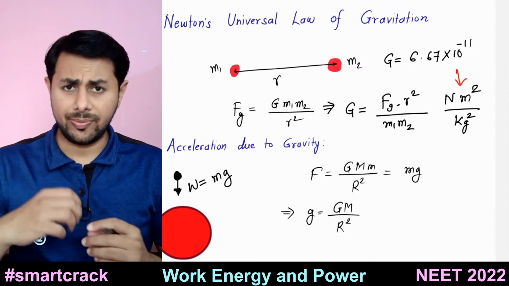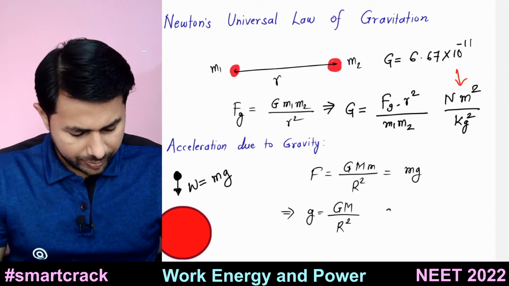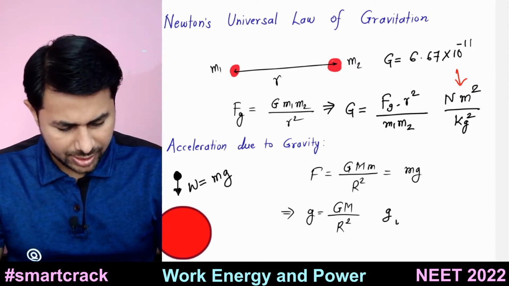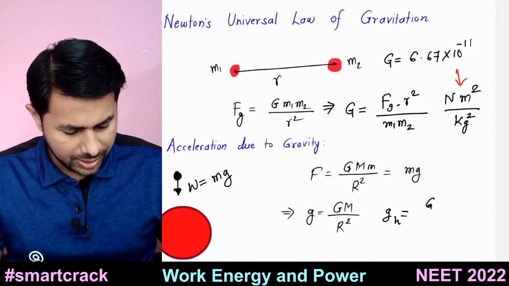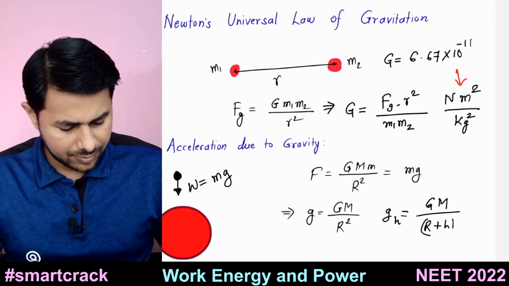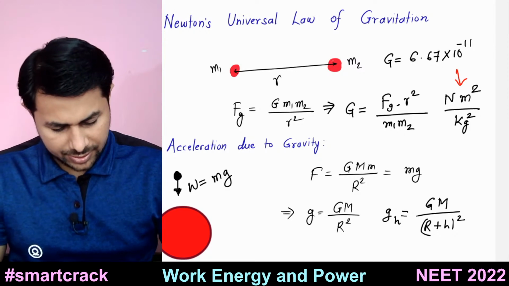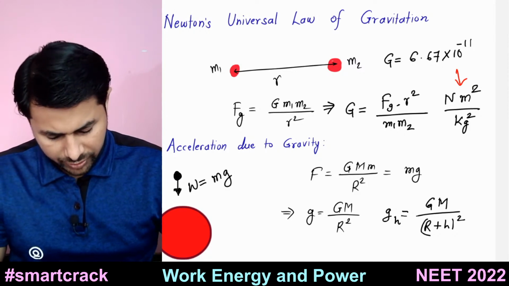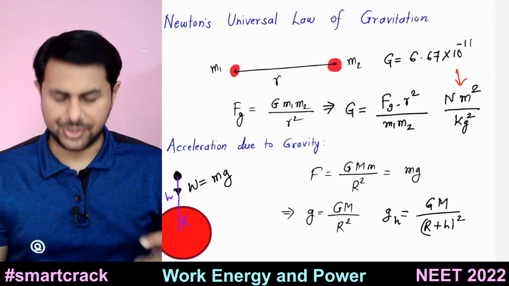If it is at some height h above the earth's surface, then g will be GM over (R plus h) square, because the distance of that object from the center of the earth will be R plus that height h.